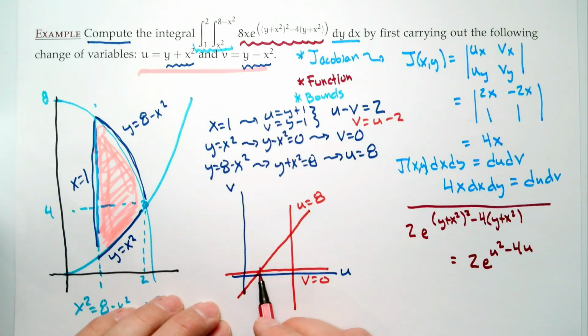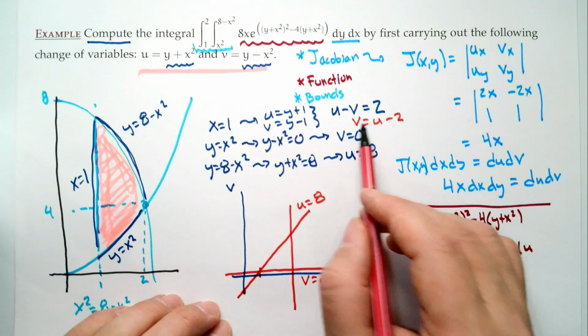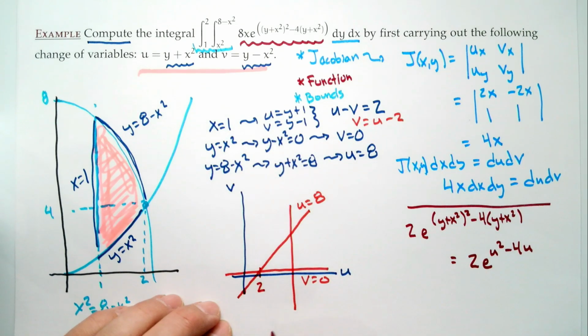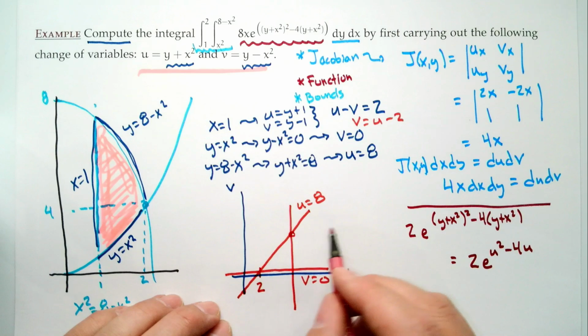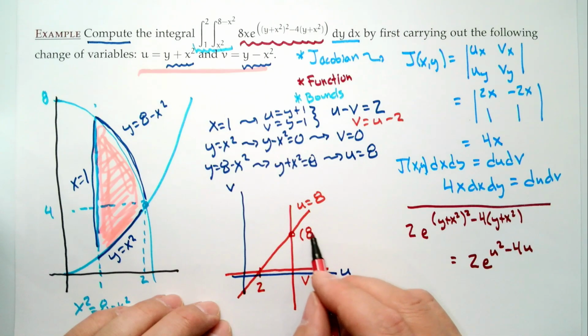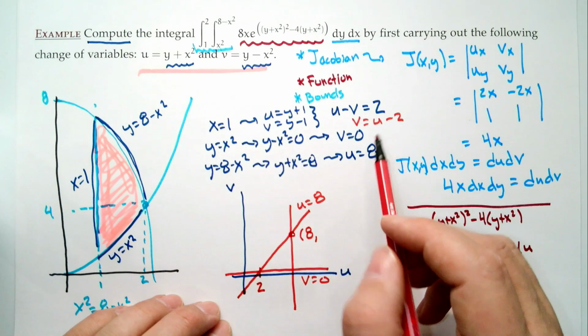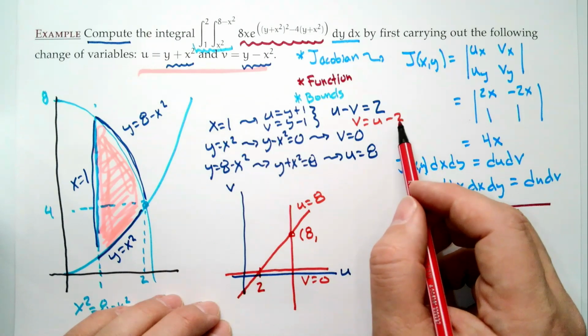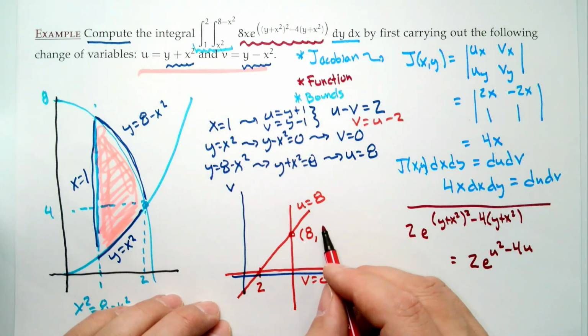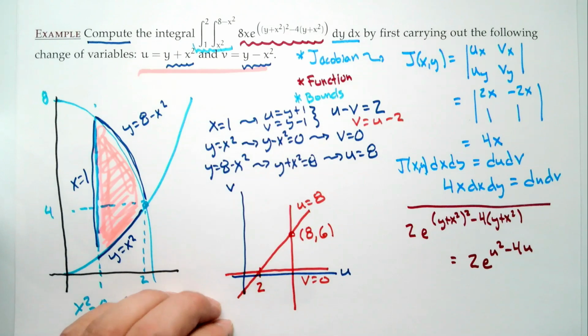We can spot a couple of things. When does v equal 0? When v equals 0, u is equal to 2. How about this point? We know the u coordinate is 8. For the v coordinate, put in 8 minus 2, which is 6. So I'm at the point (8, 6).